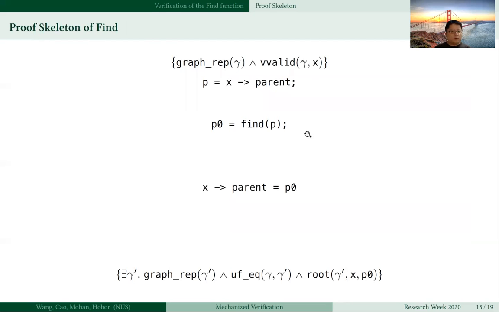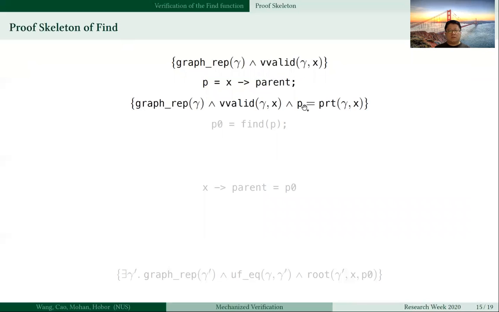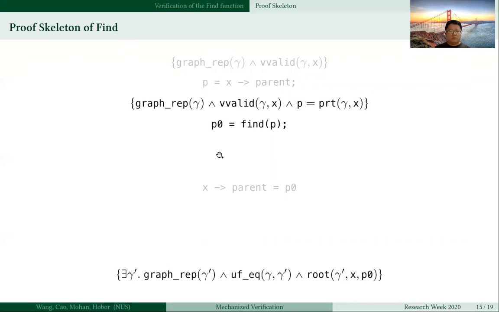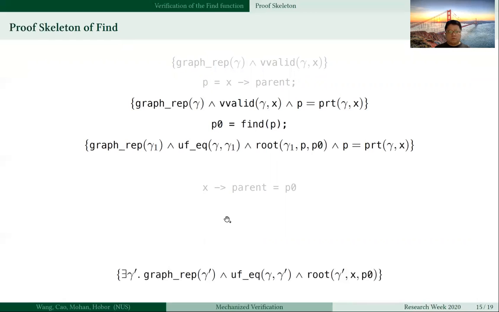Now we can prove the key execution path of the find function. Given the precondition and the postcondition, the first case is easy: we just get that P points to its parent. Second is a recursive call, for which we can reuse the specification from gamma to get a gamma 1, which is equivalent, and find the root P0.